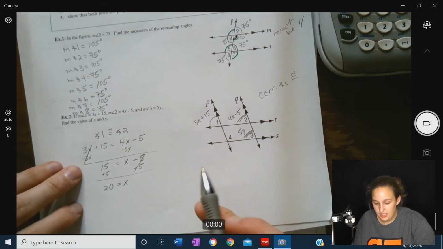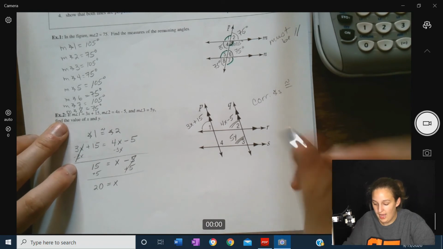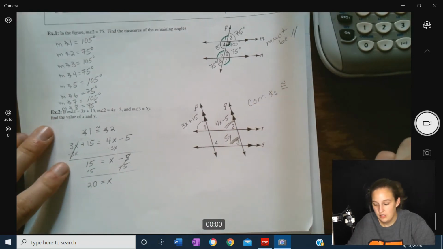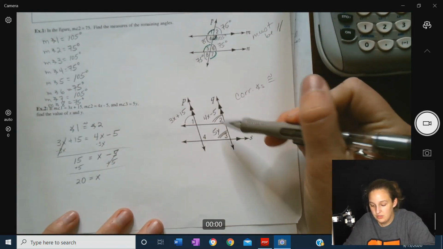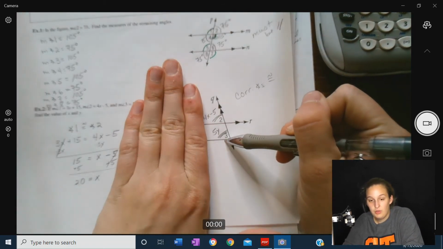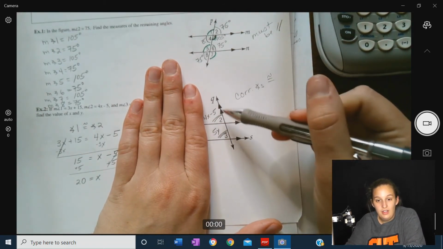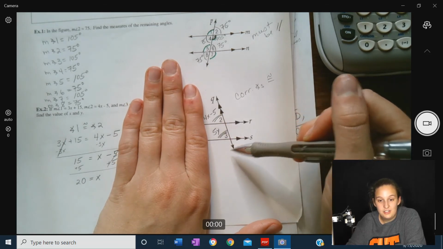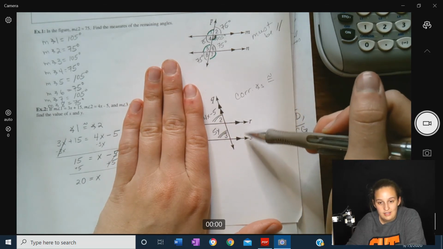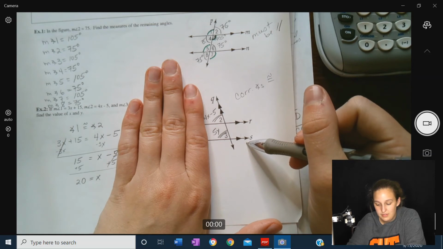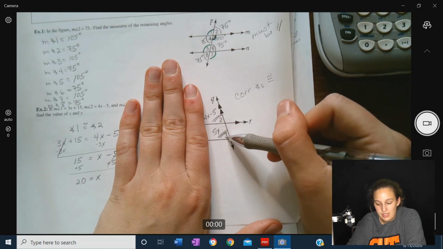All right, over here then, we also want to find the value of y. So y is over here. So these two angles, we're looking at this. These two are parallel, and this line then intersects these two lines, and they are both parallel. So this angle and this angle are also going to be congruent.